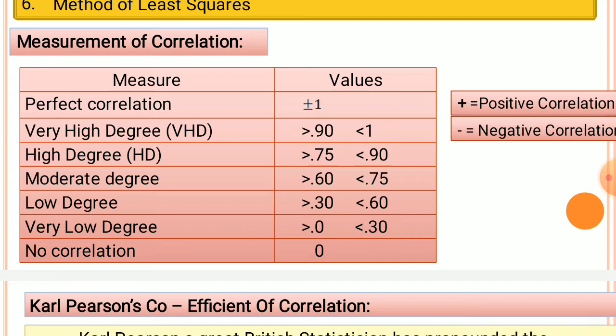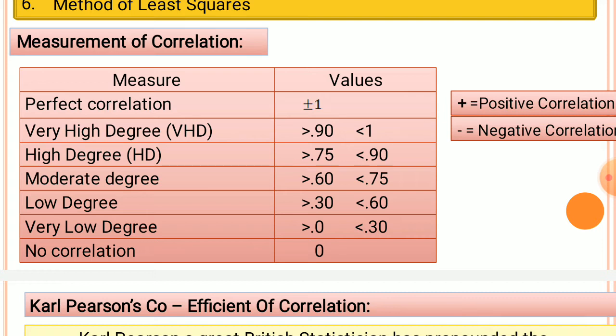moderate degree of correlation. And if the value is less than 0.60 and more than 0.30, then it is called a low degree of correlation.